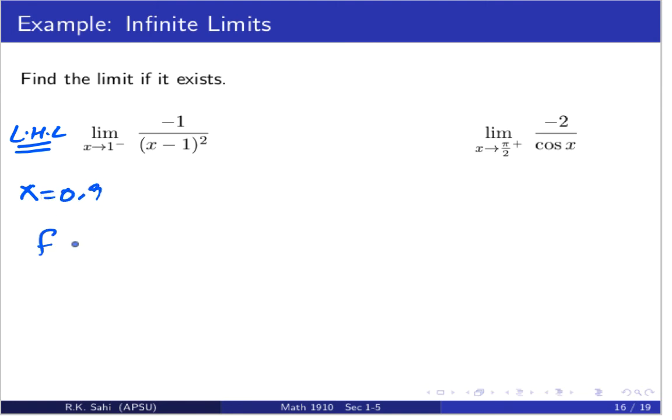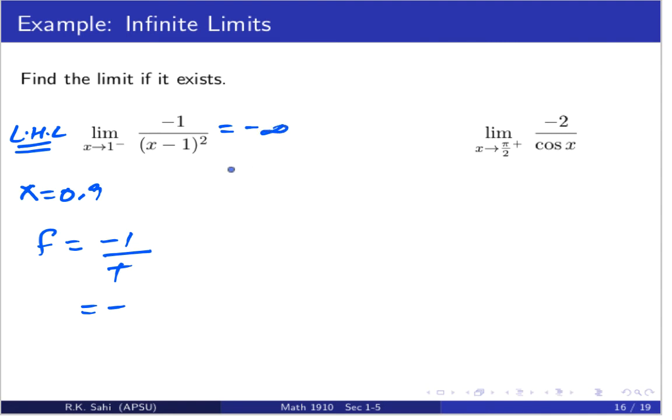What is the function according to the sign analysis? The function at 0.9, the top, no matter what happens, is negative. And no matter what you fill inside the squaring function, it's always going to be positive, because you put 0.9 minus 1, again it's negative, but the square will make it positive. So the final is negative. So the left-hand limit here is simply negative infinity.